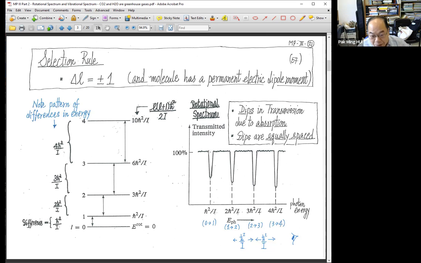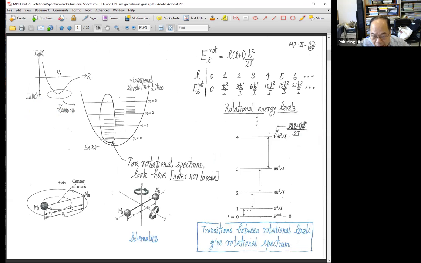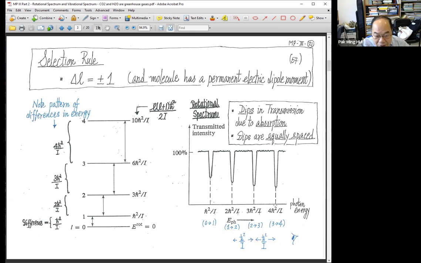So you see dips in the transmission, meaning the energy is lost to the molecule, so absorbed, okay? Make a transition up. The point of the discussion here is that the energy to be absorbed is a multiple of h bar squared over I, all right? So you see this kind of pattern. Rather regularly spaced, okay?